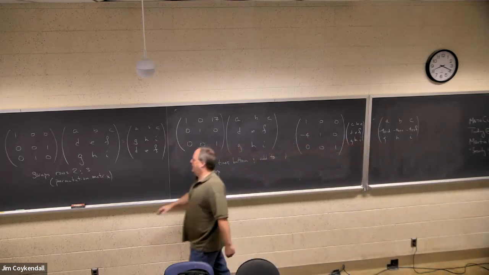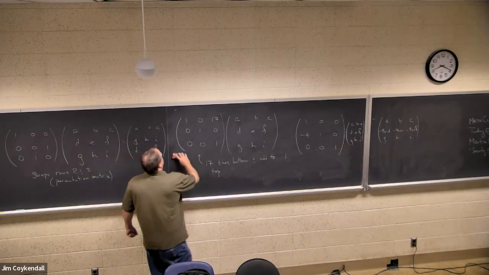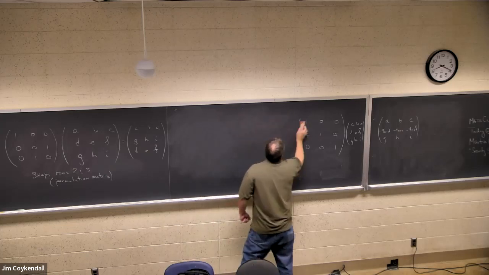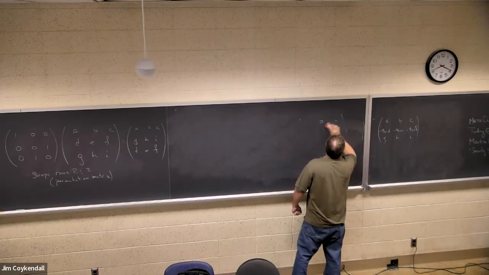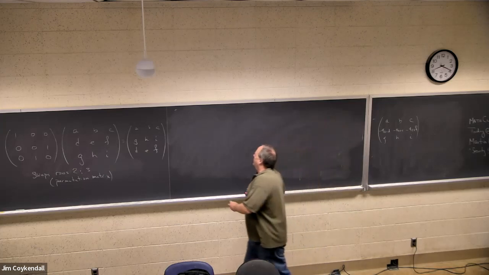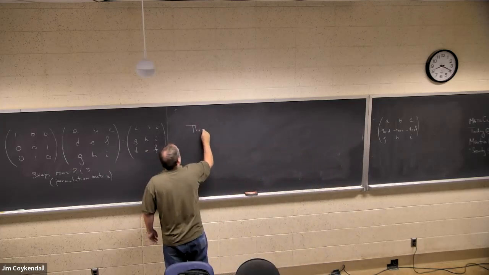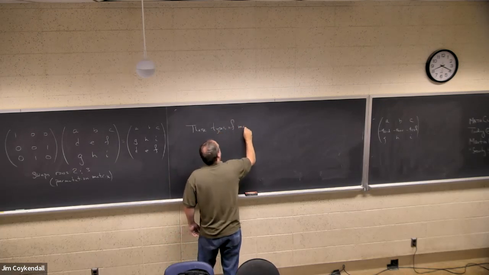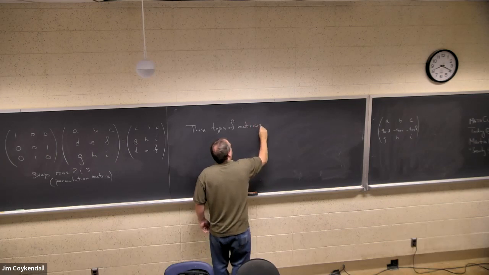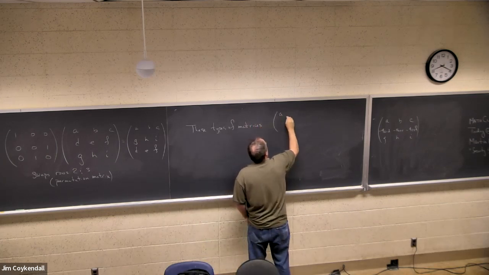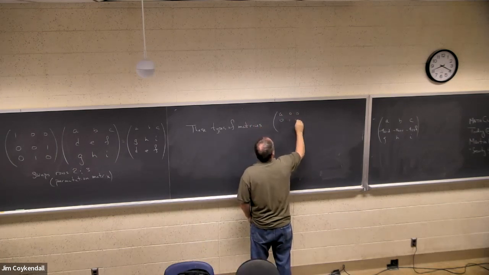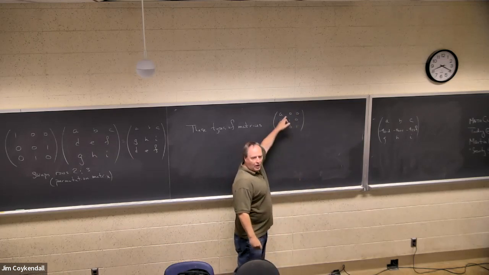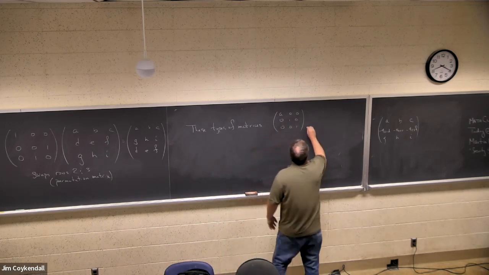So these types of matrices, things that look like A. And I can put the A anywhere on the diagonal, but I'll just do one example.